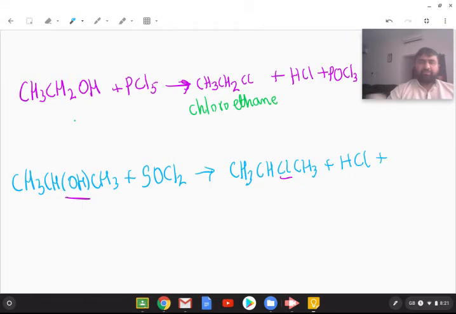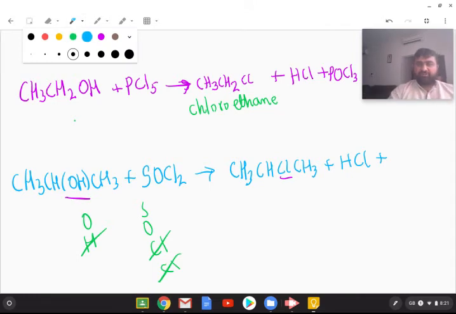Okay, let's talk about the other product. So what happened now? We have O and H here. We have one S, one O, two Cl here. We have replaced OH with Cl, so one Cl is gone. For the HCl, one H and one Cl are gone. So what is left on the other side is one sulfur and two oxygen.